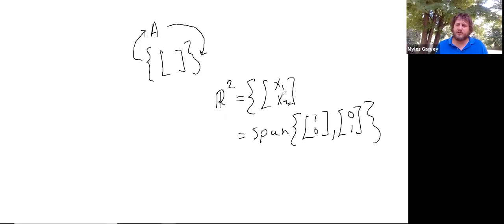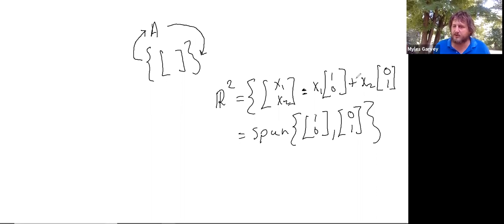All I need to do is write this as a linear combination of the number x1 times (1, 0) and add that to x2 times (0, 1), where x1 and x2 are any real numbers. So I can use these two vectors to generate all possible vectors in this space.